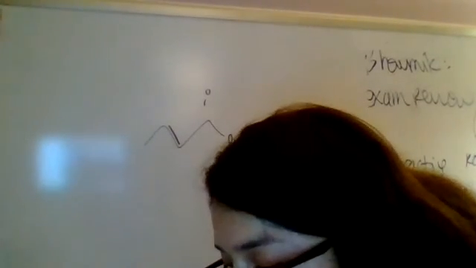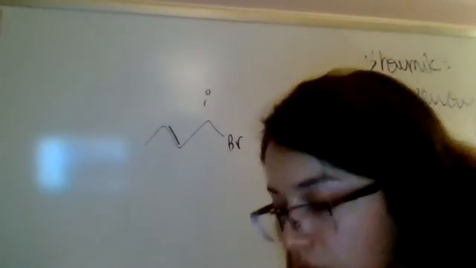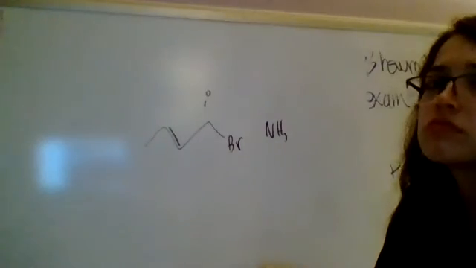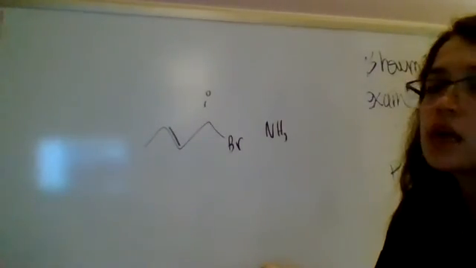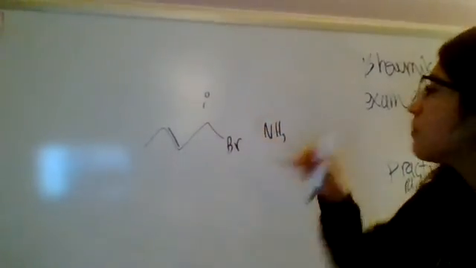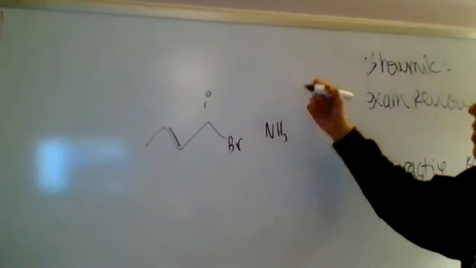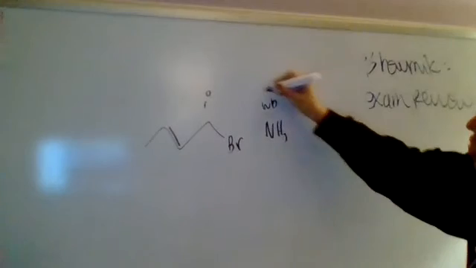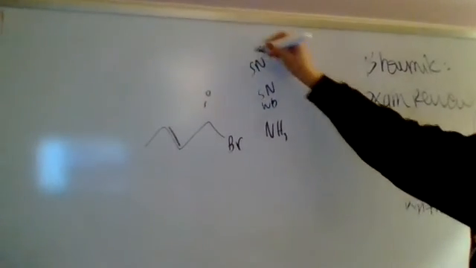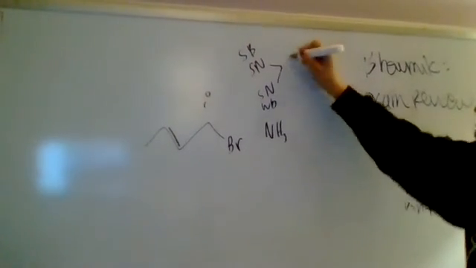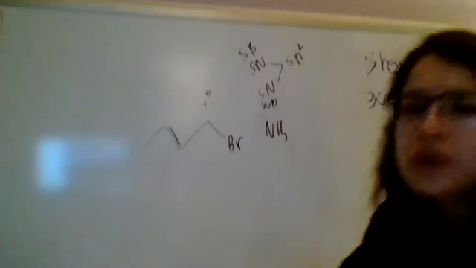I have NH3 as a weak base, strong nucleophile. Nobody has that? NH3? Yeah, I don't remember writing it down. Let me Google it. And then I figured it's primary, and if it's a weak base, strong nucleophile, or strong nucleophile, strong base, it would be SN2. What did you guys put?